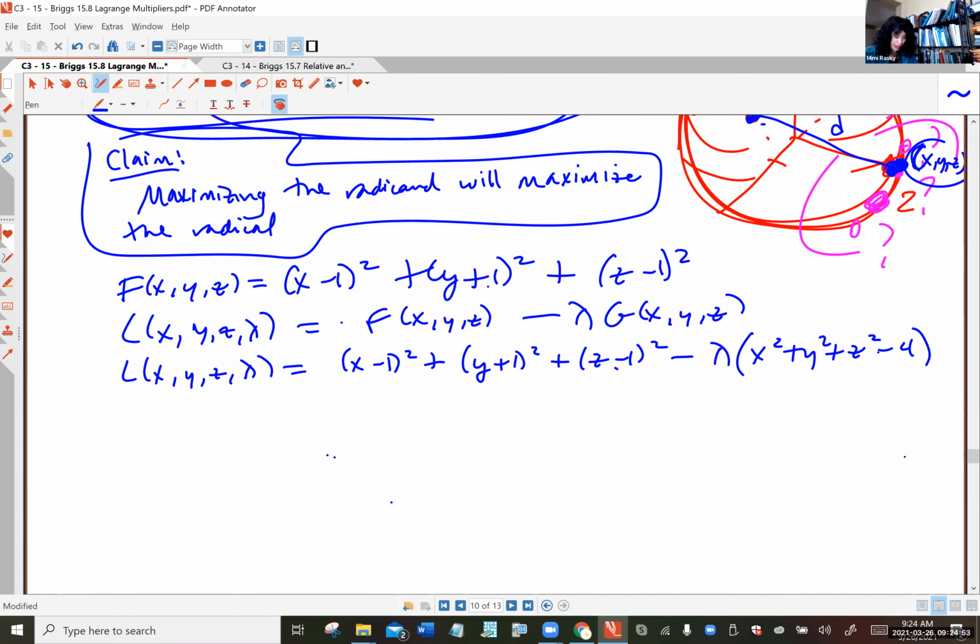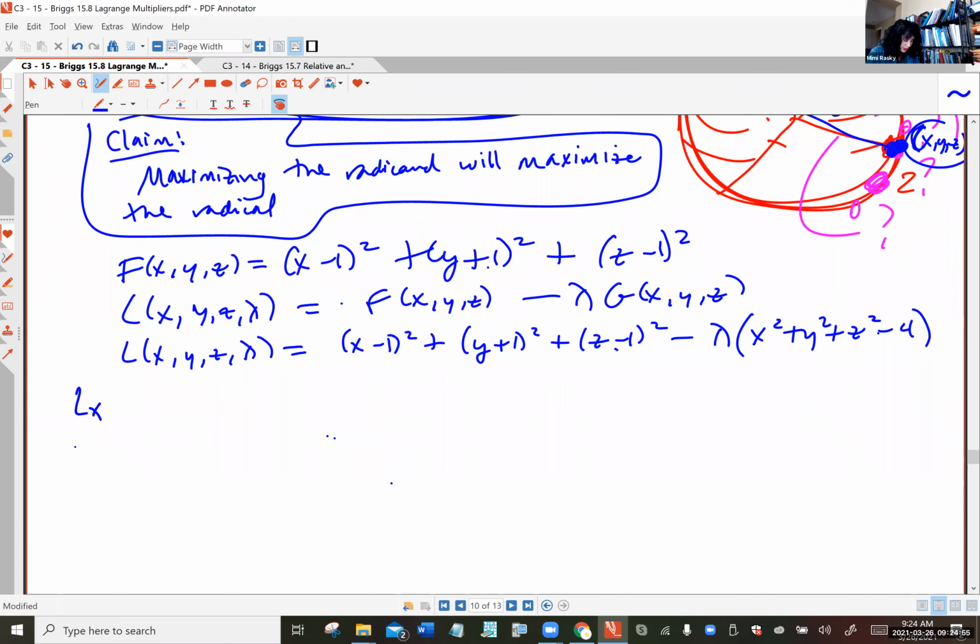Okay. So now you know what I'm going to do. I'm going to get 4 partials and set them equal to 0. That's how I'm going to roll. Using the chain rule to help me take the partial of big F with respect to x, I'm going to get 2 times x minus 1 to the 1 times the derivative of x minus 1 with respect to x, but that's just 1, minus lambda times 2x equals 0.